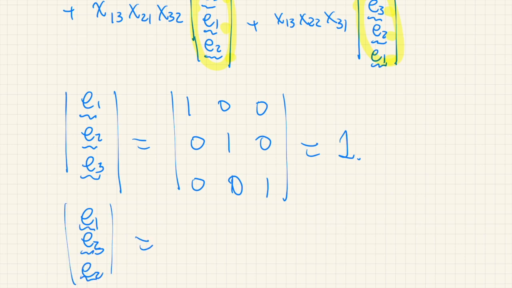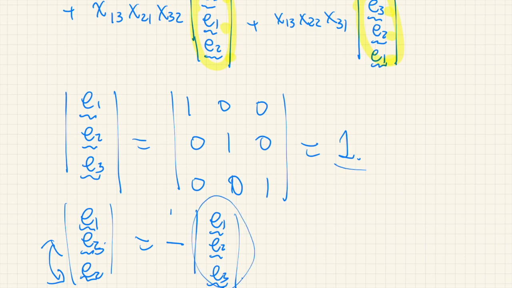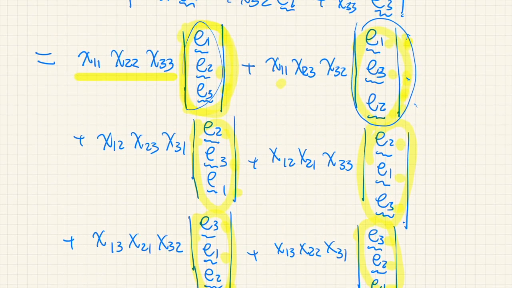If we swap the third and the second rows, then we have negative E1, E2, E3. And we know that the determinant of this matrix is 1, so that is negative 1. So this reduces to 1, and this reduces to negative 1.